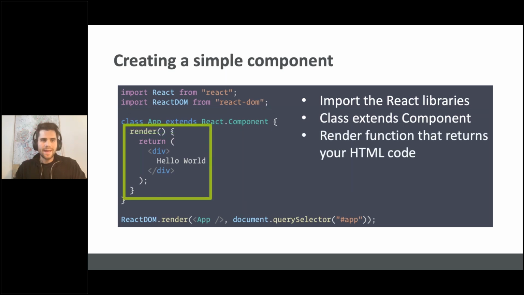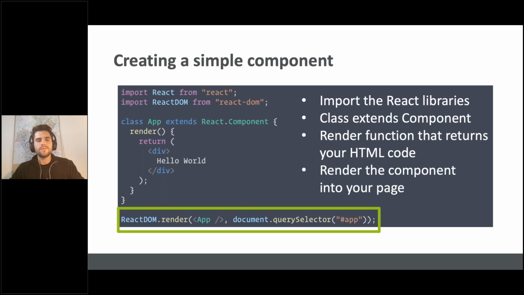And every React component needs to have a render function. So a render function returns your output, the HTML output code for this particular component. In our case, we're still keeping it simple. It's a div with hello world. It's very static.